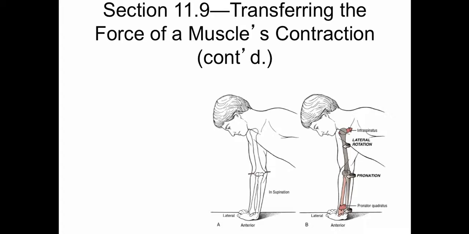The image on the right shows the person contracting the lateral rotator musculature of the shoulder, the infraspinatus. When this occurs, the humerus laterally rotates at the shoulder joint relative to the scapula. Because the elbow joint does not allow rotation, the ulna moves along with the humerus and rotates laterally relative to the fixed radius. This motion creates pronation at the radioulnar joint.